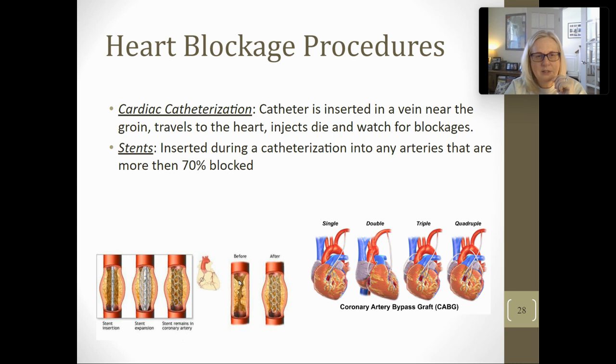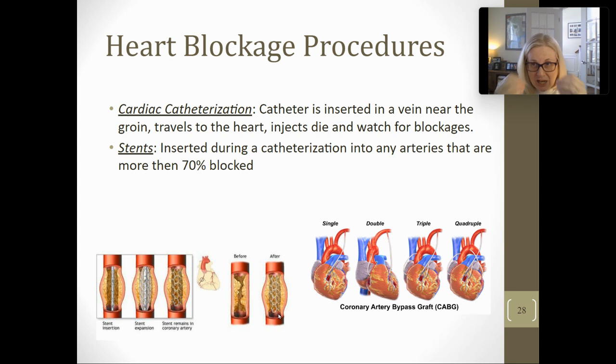They'll snake it through, and then they'll use a balloon called angioplasty and blow it up. When it blows up, it leaves the vessel nice and open. Notice how it pushed this blockage away and left the blood vessel nice and wide open. That stent stays permanently in your body forever. If it's 70% blocked up to 90-something percent blocked, they will place a stent.